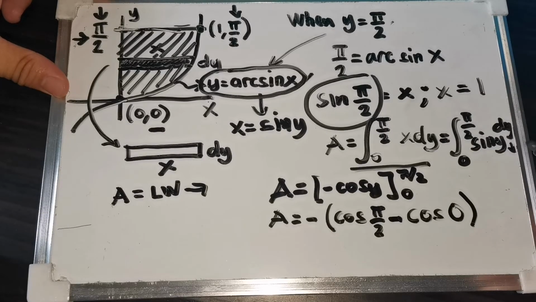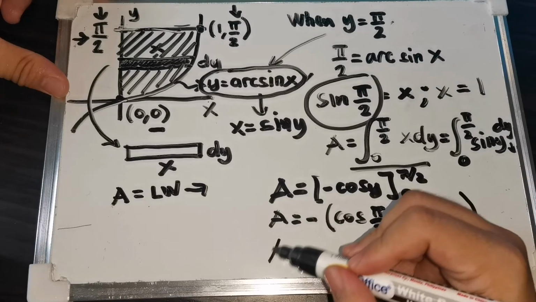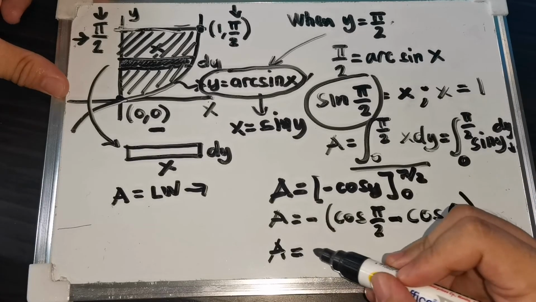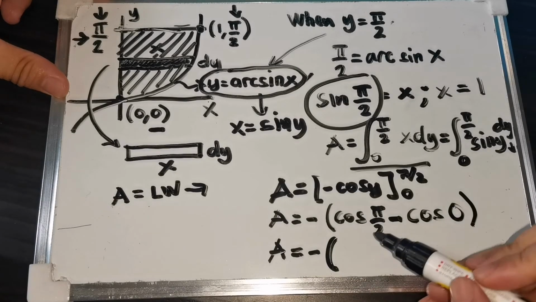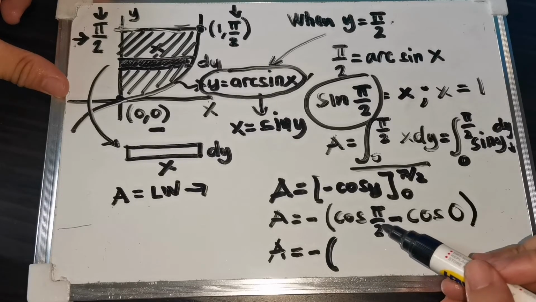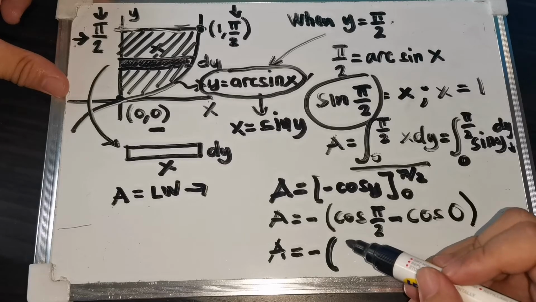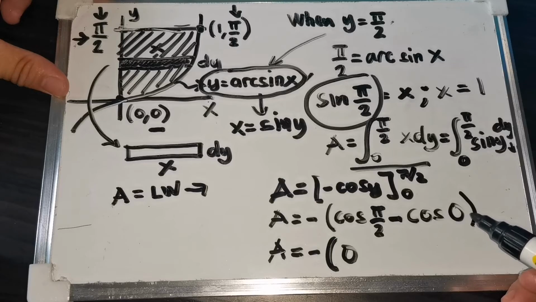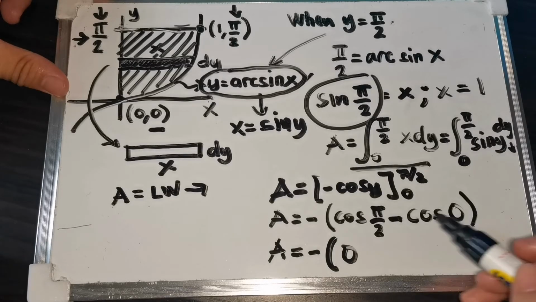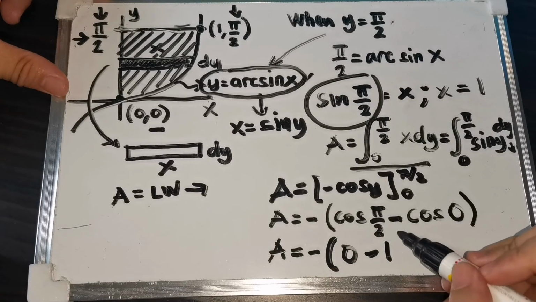To simplify, the area is equal to negative. If we input cosine π/2 in the calculator, that will be equal to 0, minus cosine 0, which in the calculator is equal to 1.